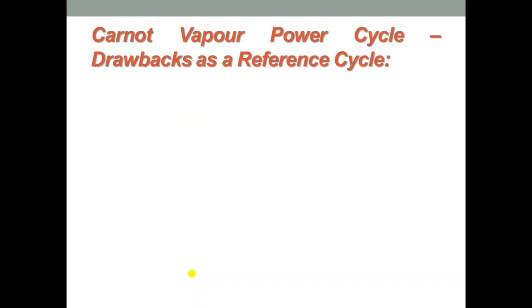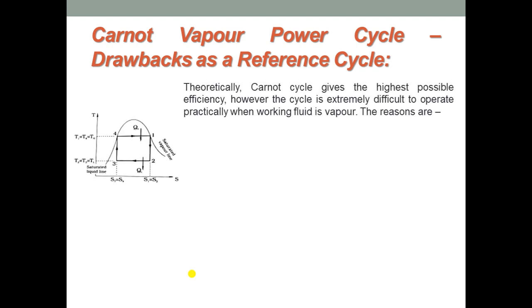So, now we are going to compare a Carnot vapor cycle with a reference cycle, or we are going to discuss some of the drawbacks related to the Carnot vapor cycle when it is used as a reference cycle. We make use of a TS diagram here. Theoretically, a Carnot cycle gives the highest possible efficiency.